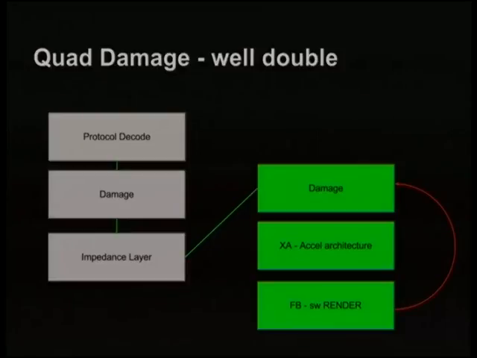The problem is you still have to track damage for protocol objects, and you need to track that above the impedance layer because there are certain protocol things that need to track damage. But you also need to track damage for the internal GPU objects. So you need to have damage in two places. It actually works, but it's a bit of overhead I didn't like. But this is currently the way it's looking.